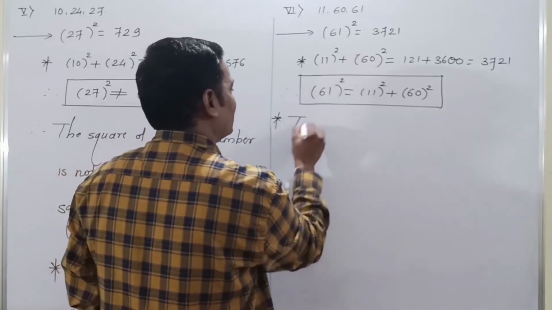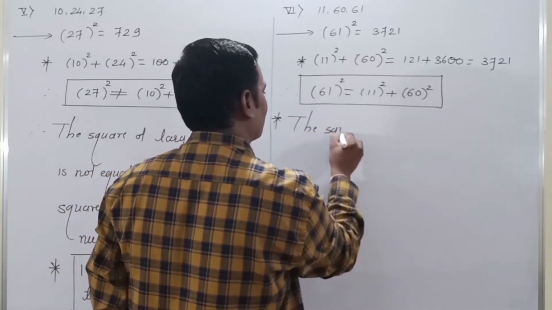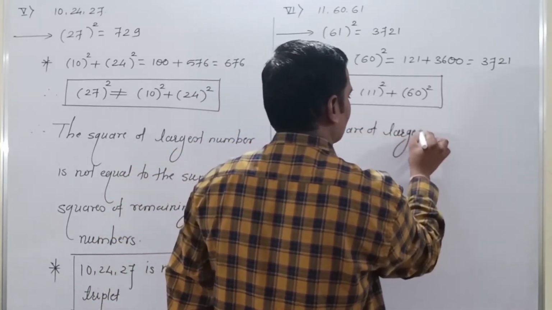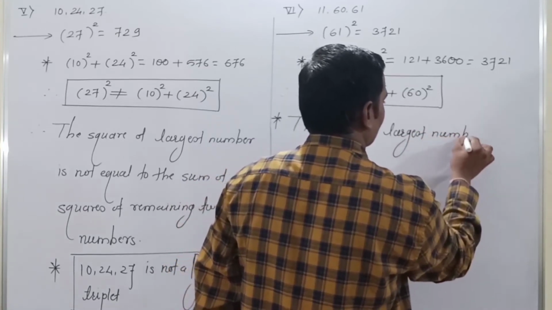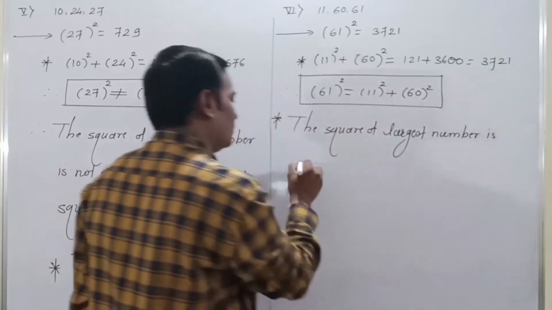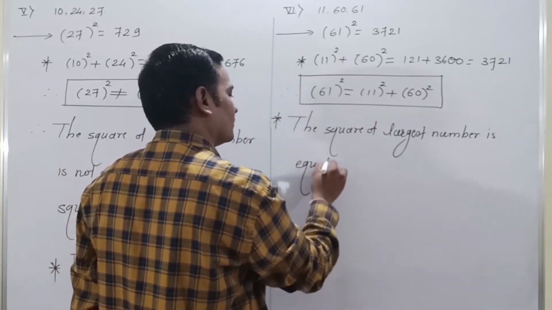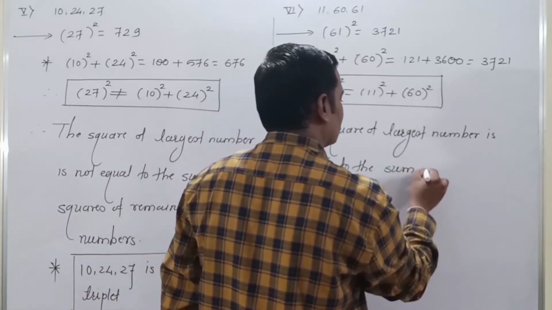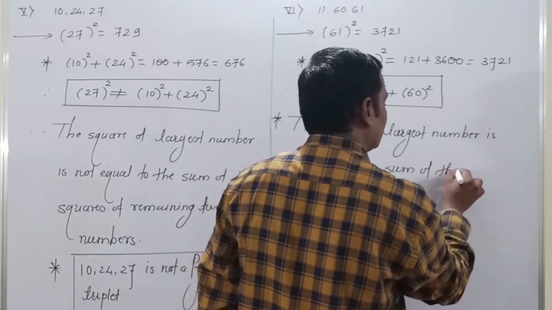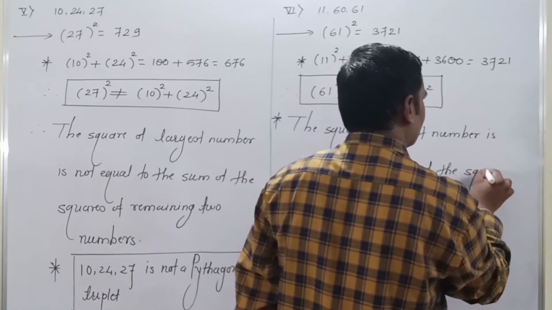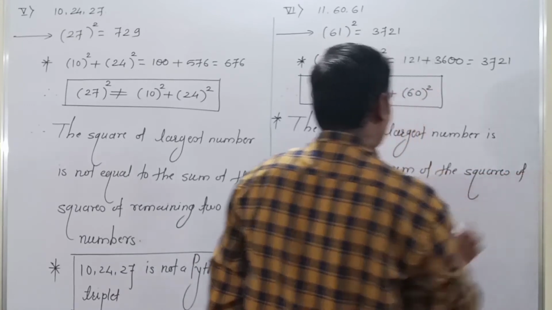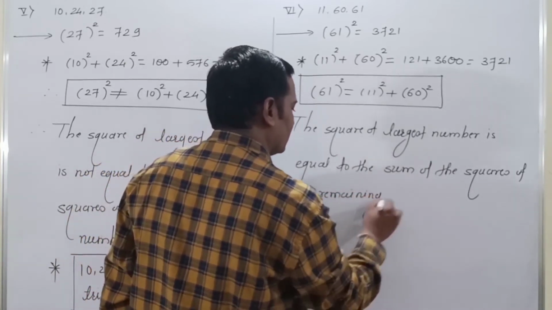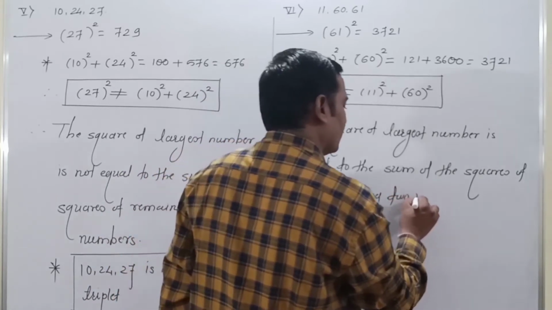So this will be the square of largest number is equal to the sum of the squares of remaining two numbers.